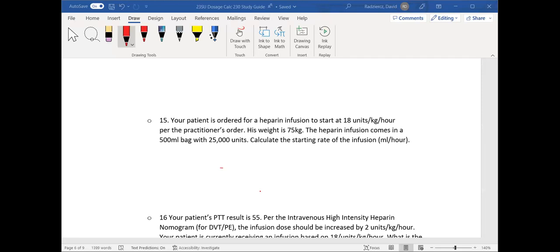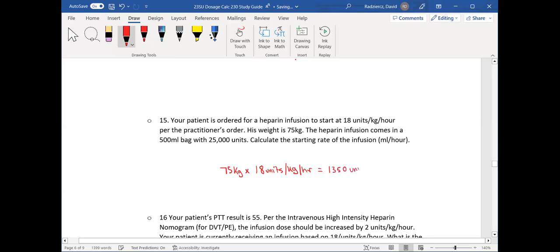And then most likely what you did, and even if you did it differently, this is how I'm doing it. 18 units per kilogram per hour. 75 times 18 gives me 1,350 units per hour. And then I'm going to convert units to milliliters. I have 25,000 units, I have 500 milliliters. And that's where I'm going to get the 27.